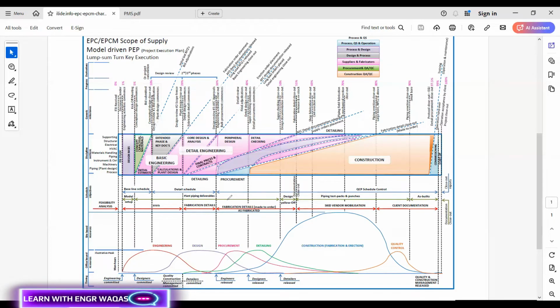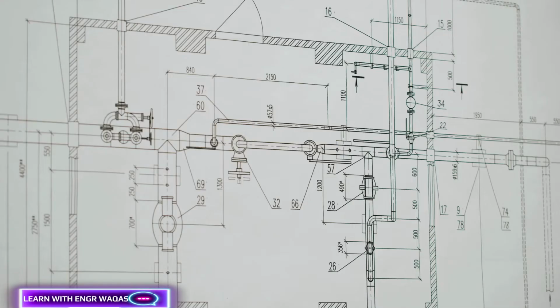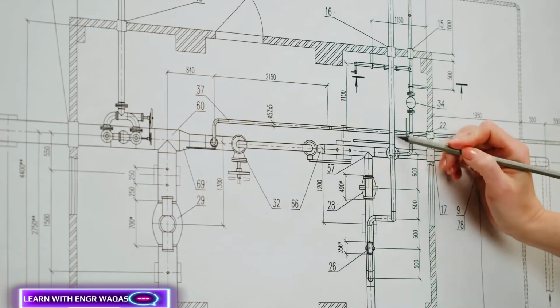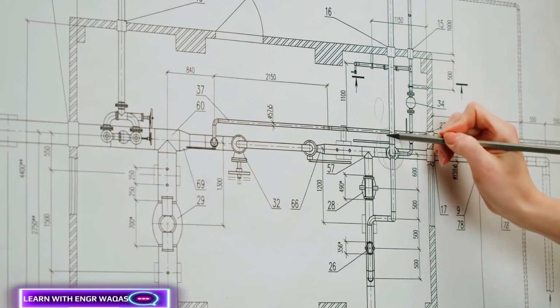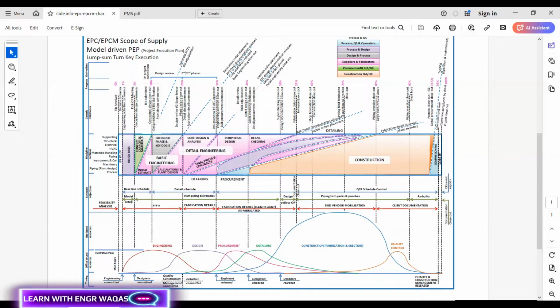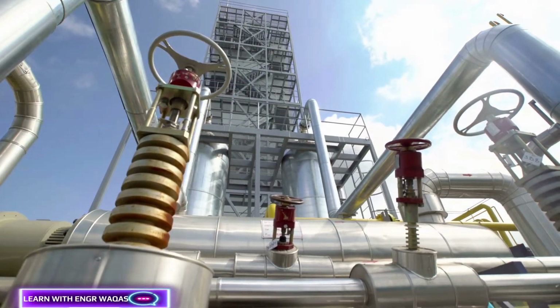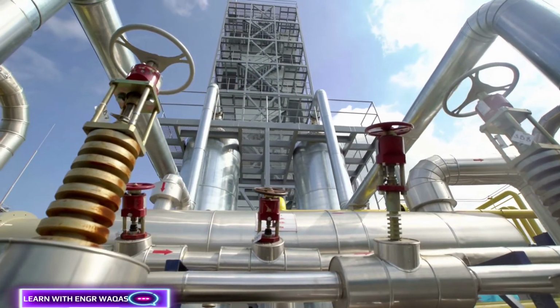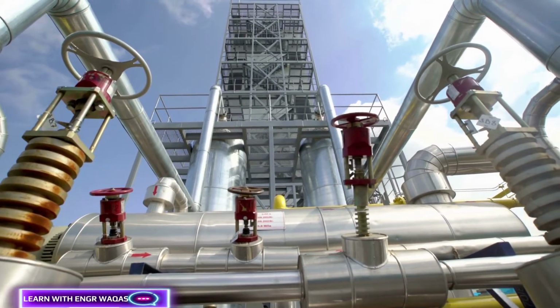So I'm going to mention over here different kinds of documentation which are part of this plant piping deliverables, like piping and instrumentation diagrams. Okay. So these diagrams are also part of this plant piping deliverables. This is actually a detailed representation of the piping, instrumentation, control devices, and interconnections within the plant.